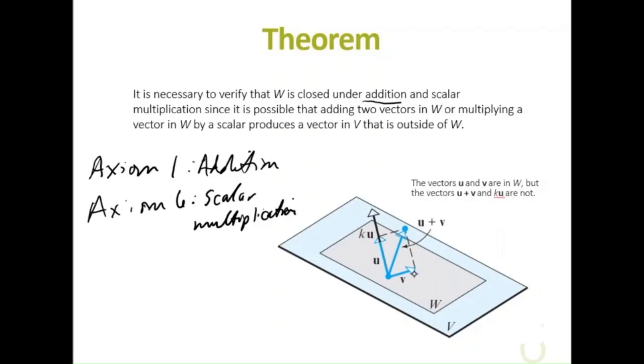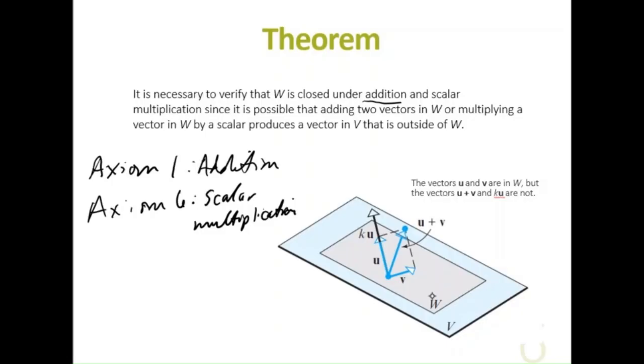So here we have U and V, and if we added both of them together, depending on what they are, well, actually their result here, this U plus V, see this dot right up here? It's actually outside the scope of W. And then this could also happen with our scalar multiplication. So you can see KU is extending beyond W into V. So we can't then say that W itself is a vector space, since these two things don't necessarily hold true all the time. So we are trying to prove that the subspace W is in fact its own vector space.